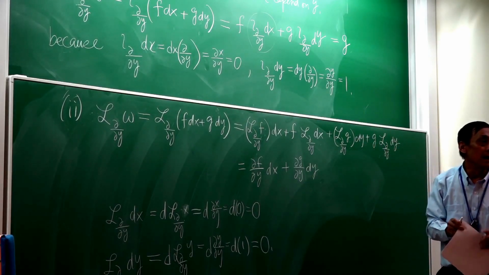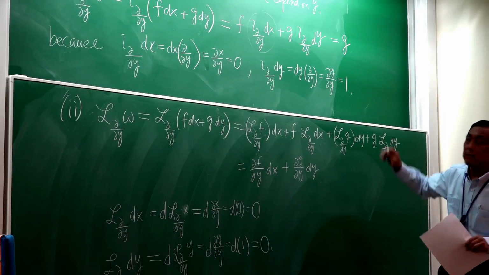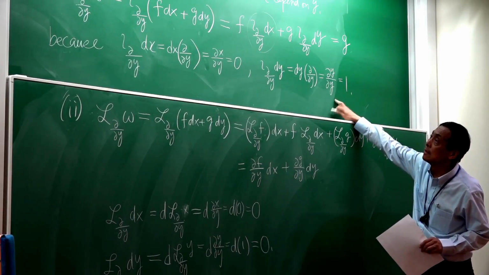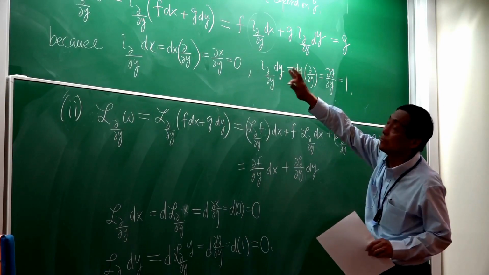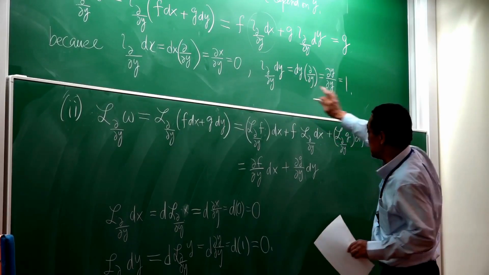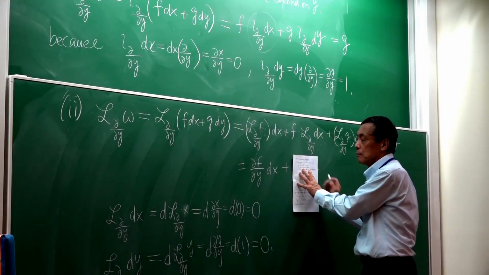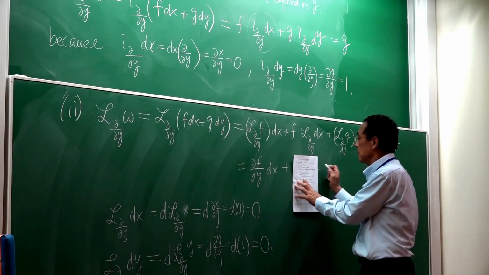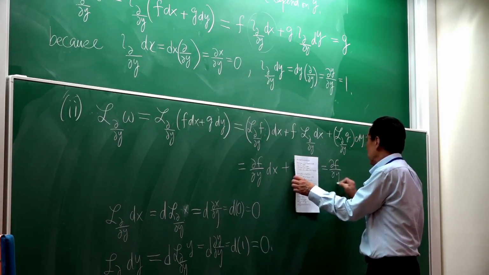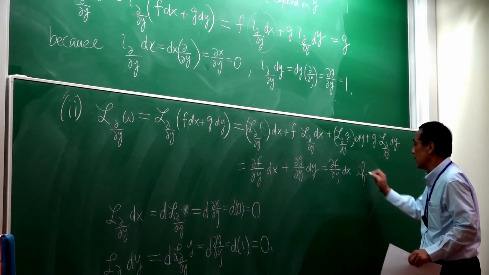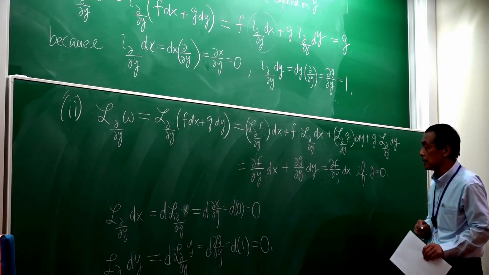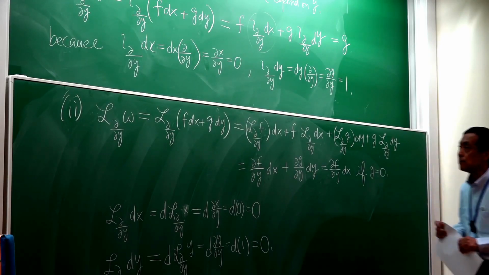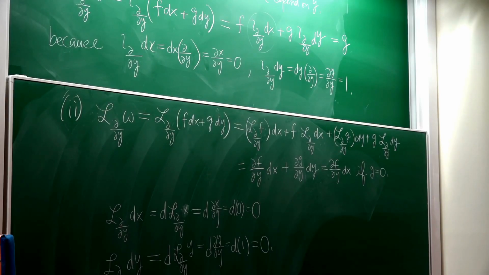Okay, now, if you have the first condition, if it has no dy term, then g is 0. So you're left with df/dy dx.